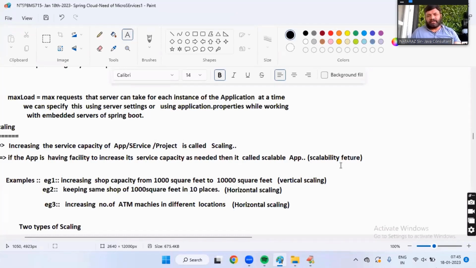Listen, you are running a mess in a hostel. Is there any possibility of scaling that business? Because in a hostel, fixed students will be there, fixed orders, fixed money.